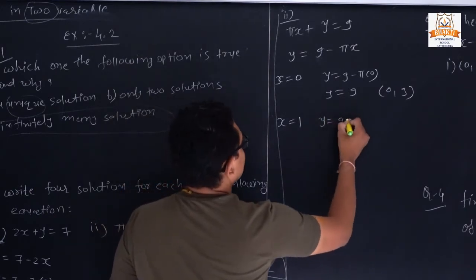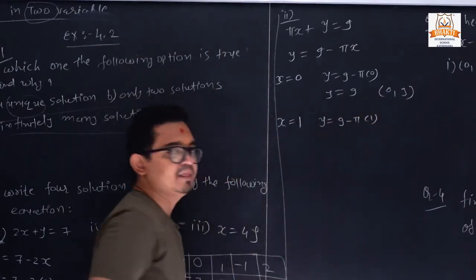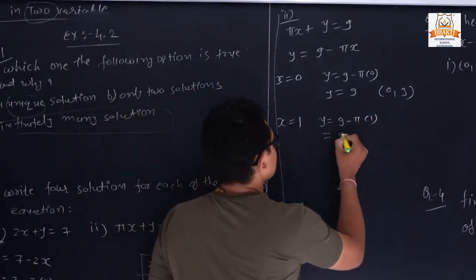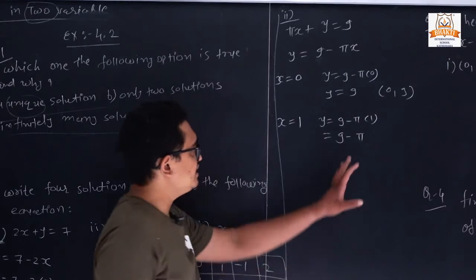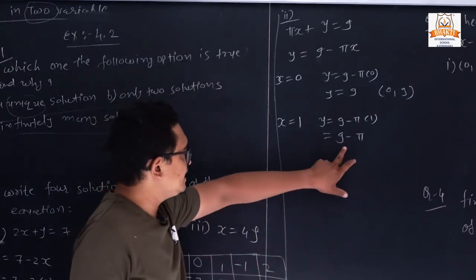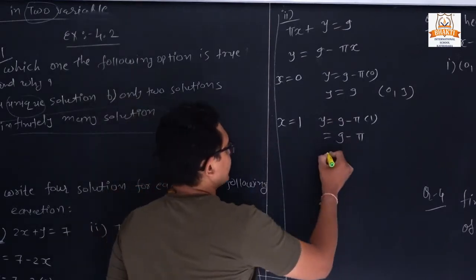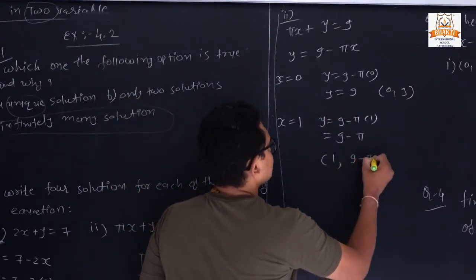So y is equal to 9 minus pi in bracket 1. So pi into 1, so it will be only pi. So what is its solution? 9 minus pi. Here we do not put the value of pi, it will remain the same. So what is our second solution? 1 comma 9 minus pi.